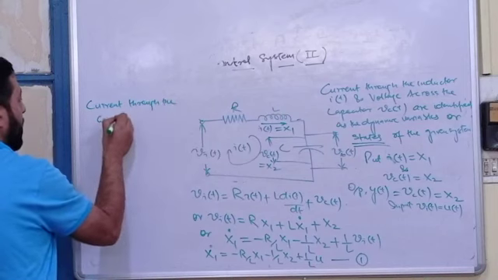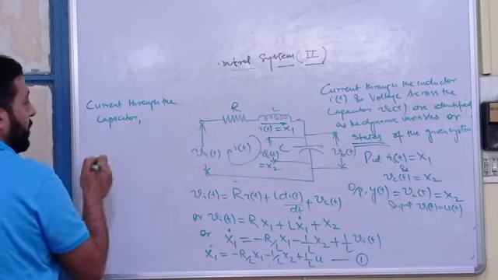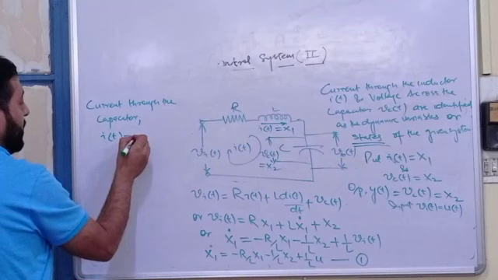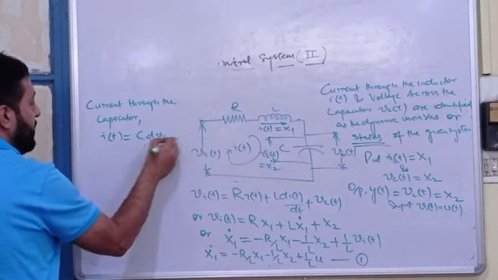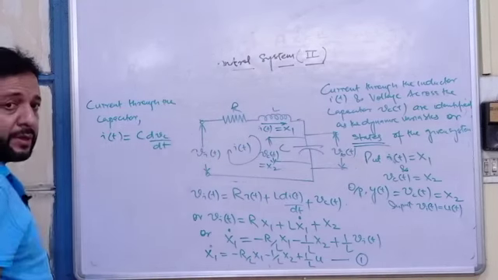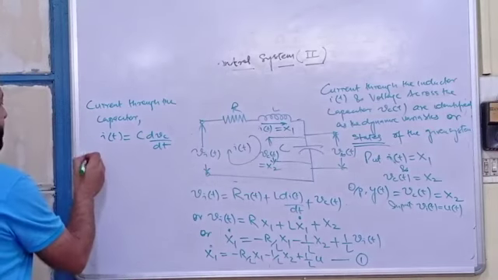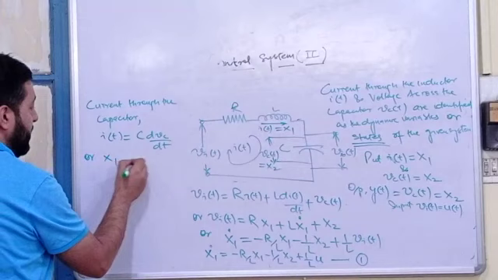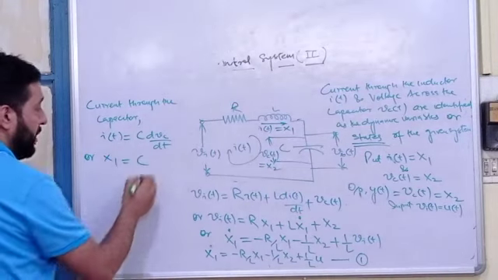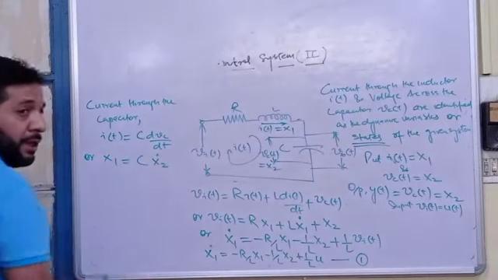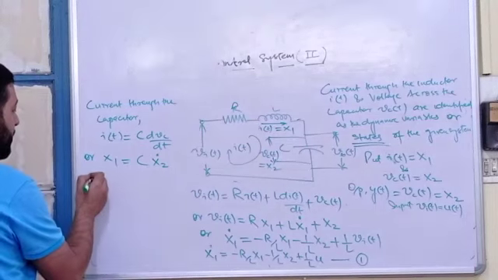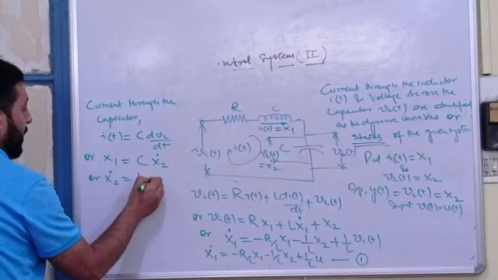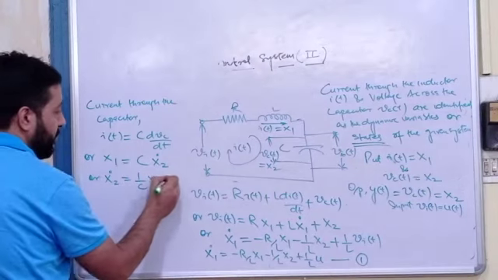The current through the capacitor is also i(t). Its formula is C dVc/dt, which I can write as, what is i(t)? x1, equals C dVc/dt, that is x2 dot. I put x2 dot on one side, so x2 dot equals 1 by C x1. This becomes my equation number 2.